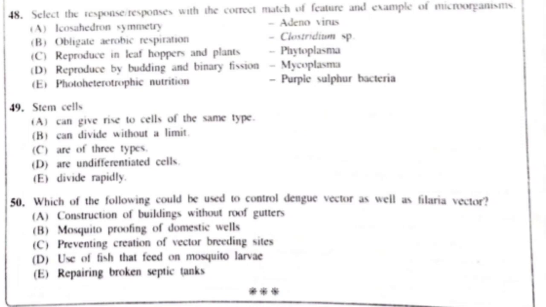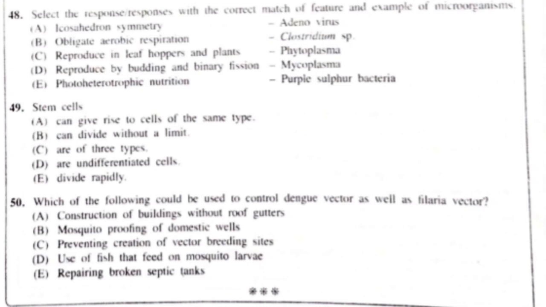They are undifferentiated cells, and they don't necessarily divide rapidly. So E is wrong, C is wrong. E is wrong because the resource book says they don't necessarily divide rapidly. C is wrong because it's not 3 types, it should only be 2 types. So the answer is A, B and D, answer number 1.